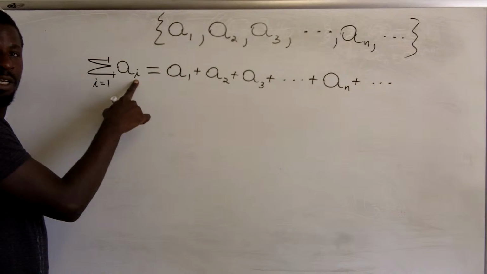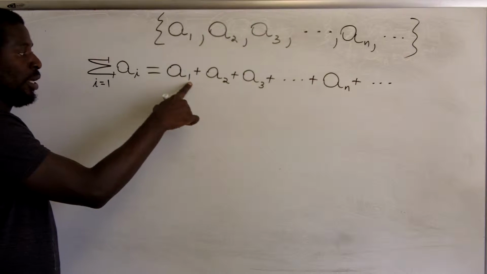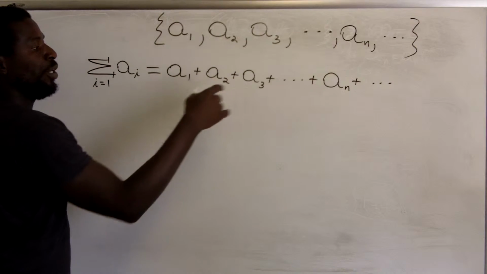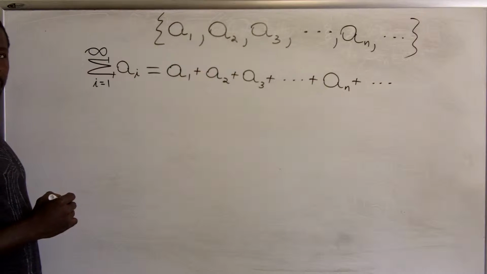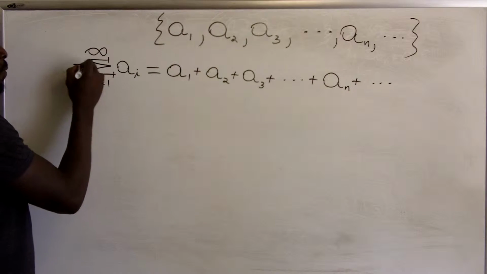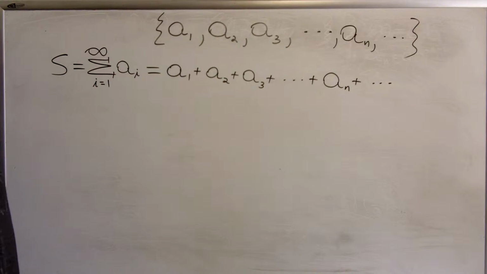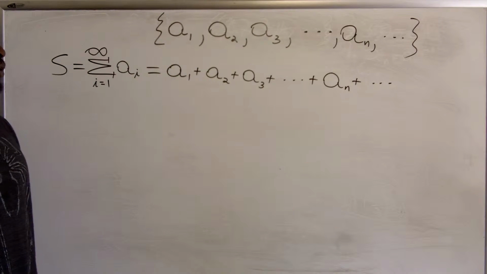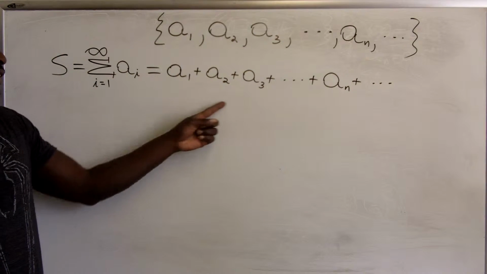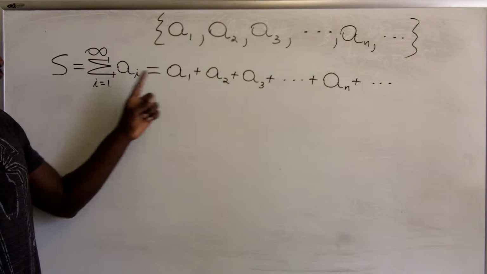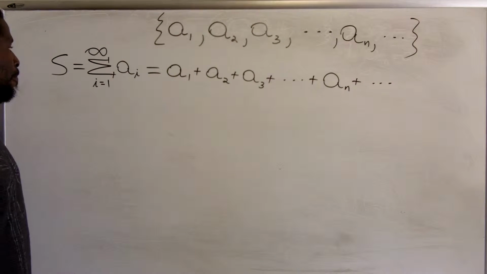So the first number that we're going to look at is 1, and then we're going to count all the way up to infinity, all right? We call this the sum, or the series, for this particular sequence. So this is the infinite series. We're adding up all the terms of the sequence, okay?